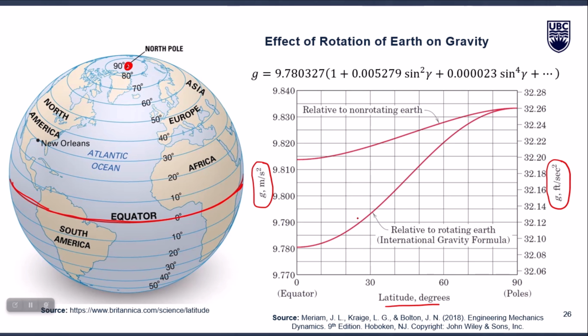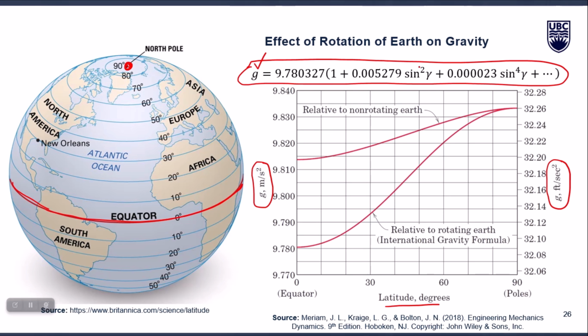The effect of rotation of Earth on the gravitational acceleration is described by a formula called the International Gravity Formula, this one, and it gives you the value of small g as a function of your latitude, where you are on the globe. So if you know your latitude, you can put that in and get the value of g including the effect of rotation.